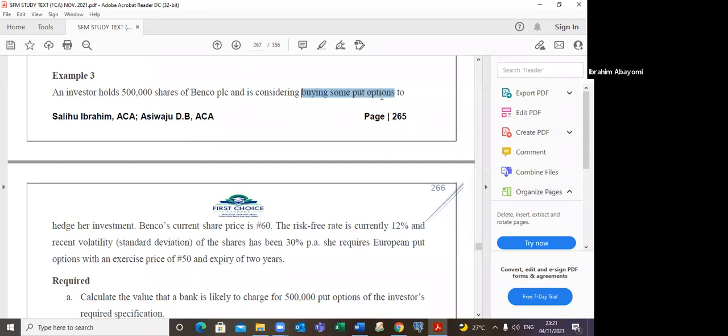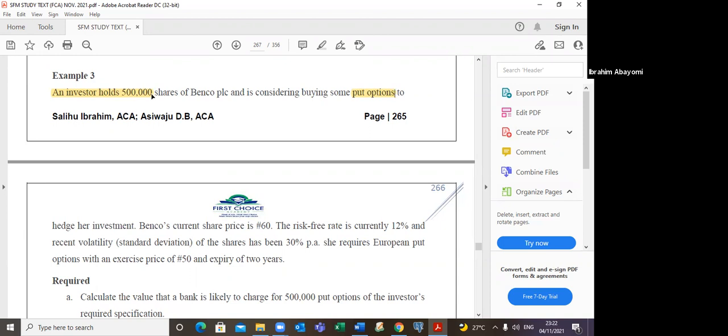You have these shares presently, and that is what you want to sell in the future. For you to sell in the future, you need a put option. The question has told you that the investor is considering buying a put option. Is it the put option that will give you the option to sell in the future, that is, in 2 years' time?